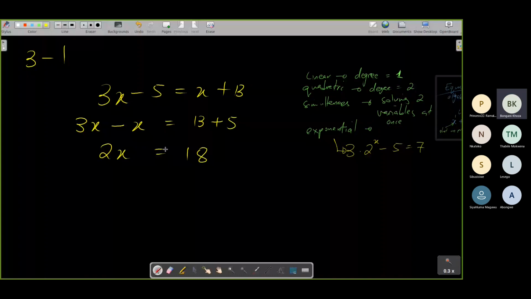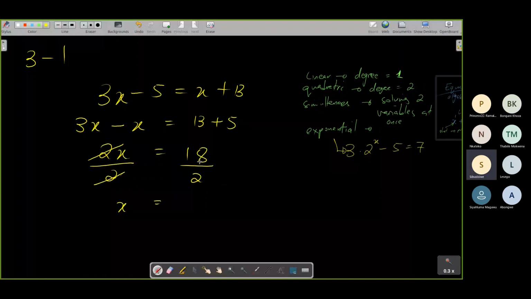Divide by 2 this side, divide by 2. So this 2 will divide that one, and then we're only left with x on this side. Our x value is now equal to 18 divided by 2. What do we have? It's 9.